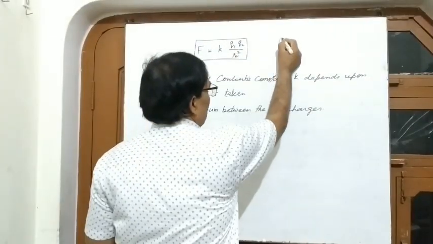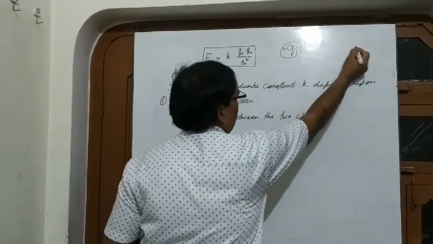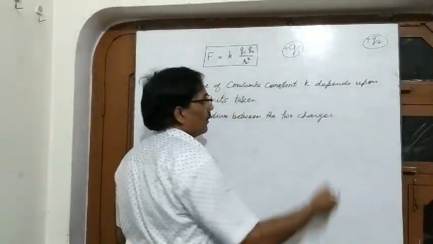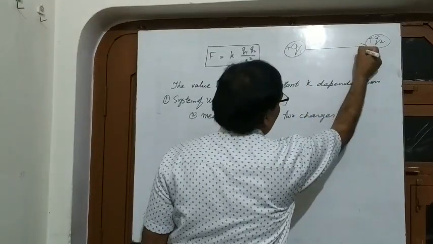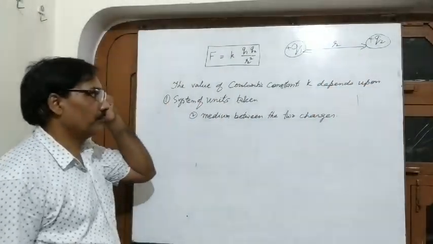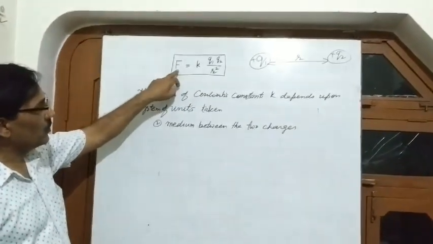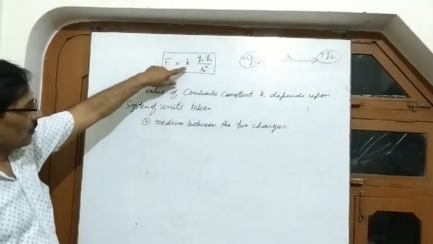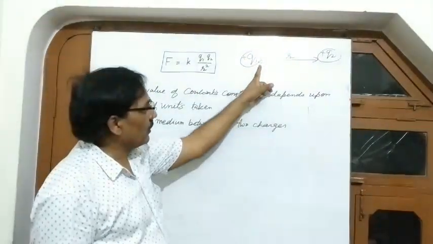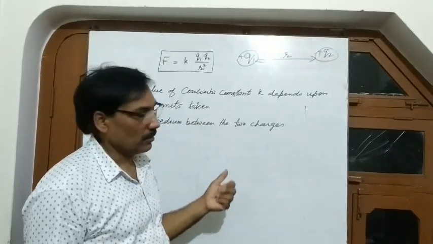This was the Q1 and this is Q2, and the distance between these two charges, from center to center, is R. Now the value of this force is K Q1 Q2 by R square, and the value of K depends upon the medium between the two charges.